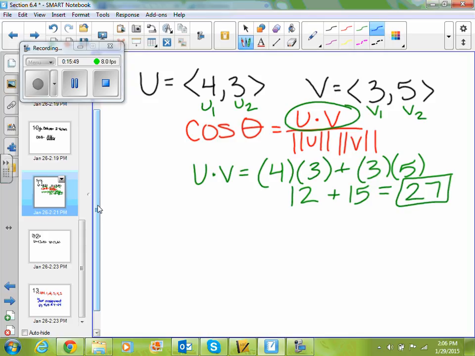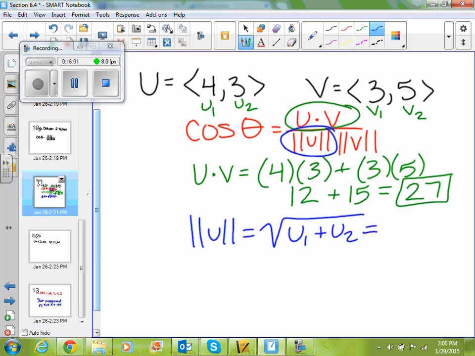The next thing that I need to find then is my magnitude of U. The magnitude of U equals the square root of U1 squared plus U2 squared. That's the formula that we learned yesterday. So U1 squared gives me 4 squared, U2 squared gives me 3 squared.